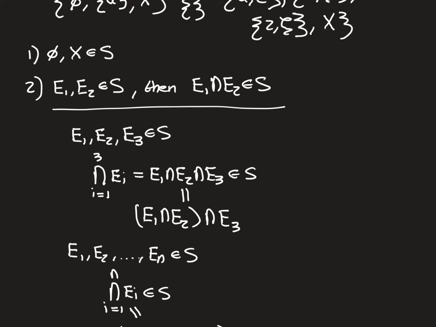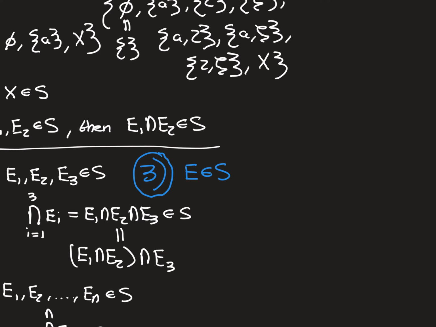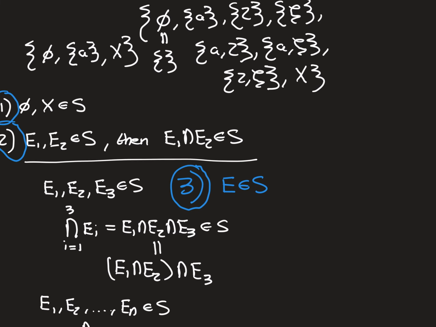I would like this third property to be nearby, or not red, doesn't show up very well, 3 here. So I'm just going to circle these in blue here. So we've got 1, 2, and now we're going to have the third property, which is the third and final property that your collection of subsets must obey in order for it to be called a semialgebra.